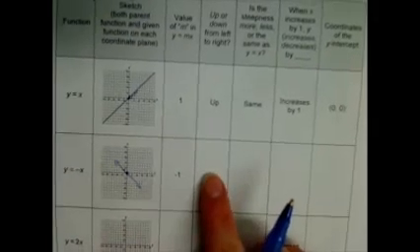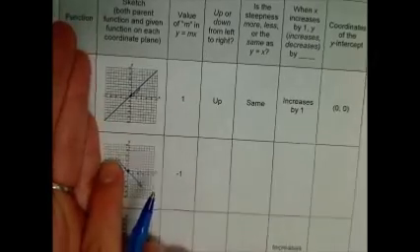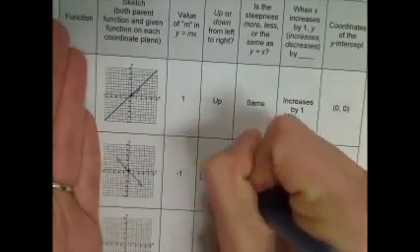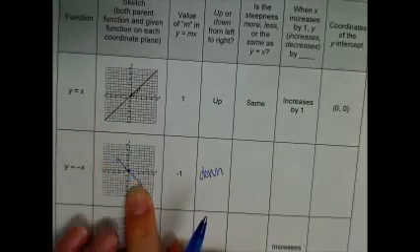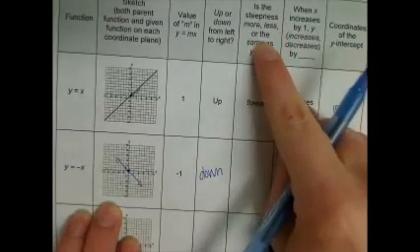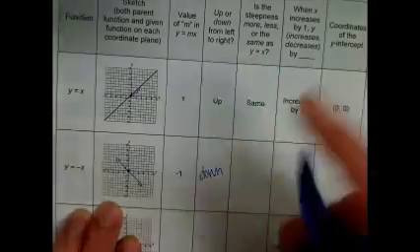So now, is this up or down from left to right? I'm starting at my left, and I'm going to go to my right. It's going to go down. This is now a negative graphed line. Is the steepness more or less or the same as y equals x?